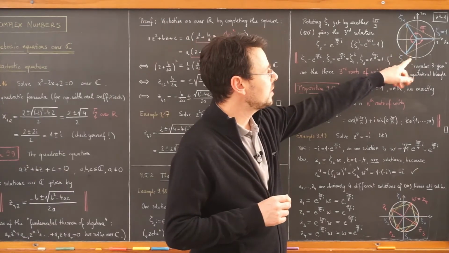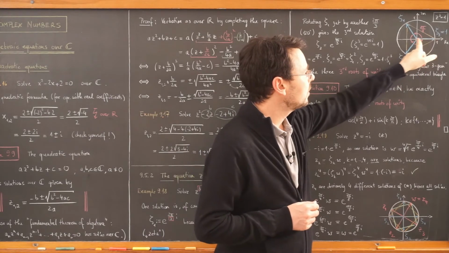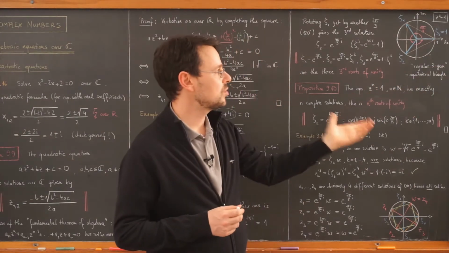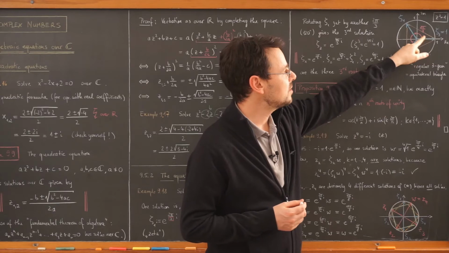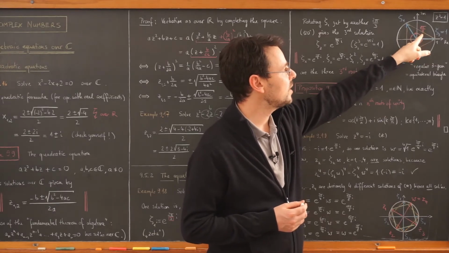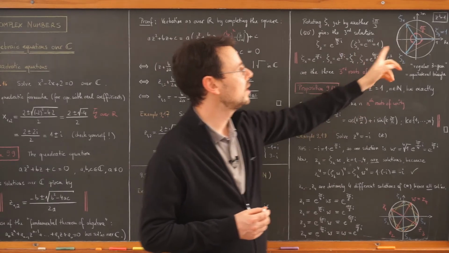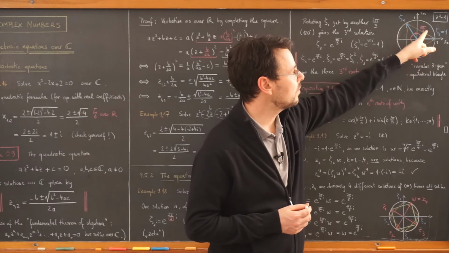Now this picture here clearly shows you what is happening. The complex number 1, so this arrow clearly is a solution, trivial solution of this equation. Now if I rotate this arrow by 2 pi over 3 or 120 degrees, I end up with another arrow that, when raised to the third power, again gives me 1. Why?